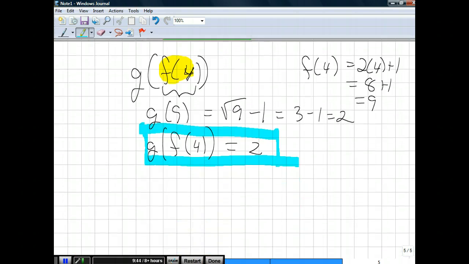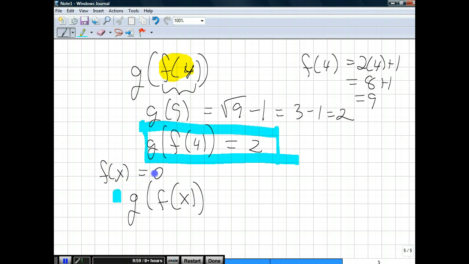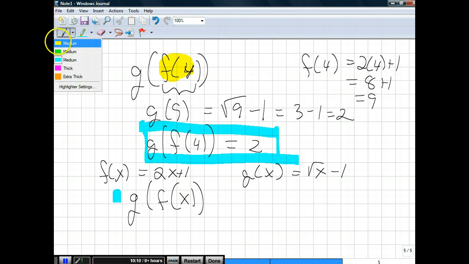Right, let's do one last one. Let's do the general composite function. So let's do g of f of x. Okay, so remember our f of x function was 2x plus 1, and our g of x function was square root of x minus 1. So this says, in the g function, wherever there's an x, put the f of x function.